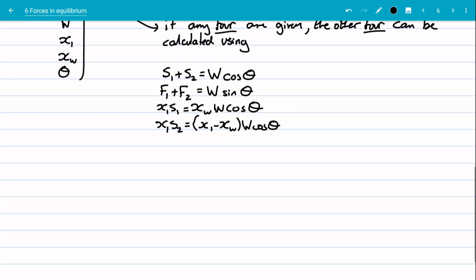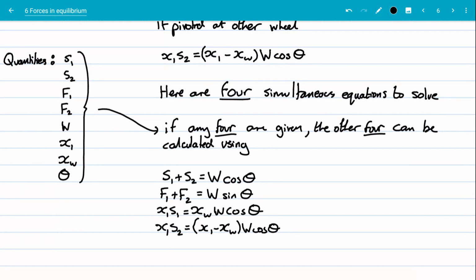And that should be straightforward then, solving simultaneous equations. You plug in what you know, you try and simplify and combine the equations as much as you can until one of the other quantities drops out, and then you plug that back in, find another one that drops out, and so on.